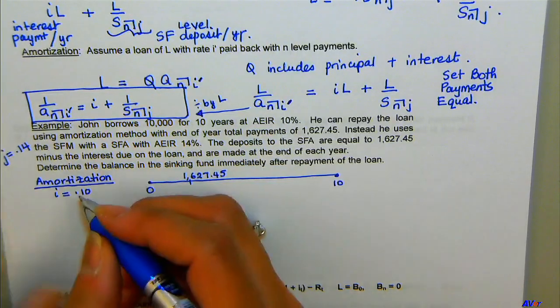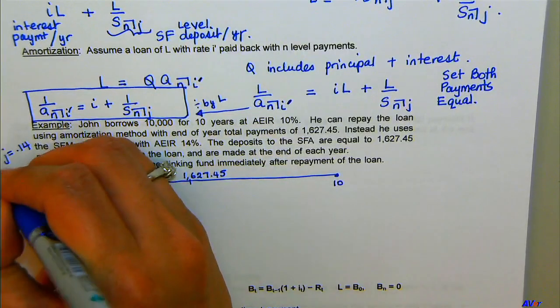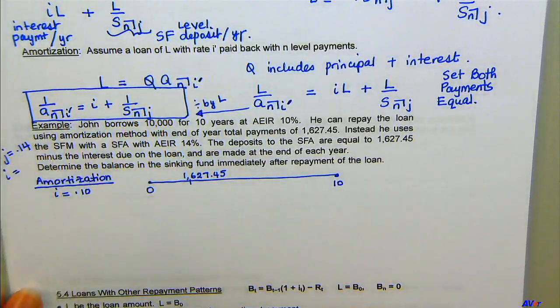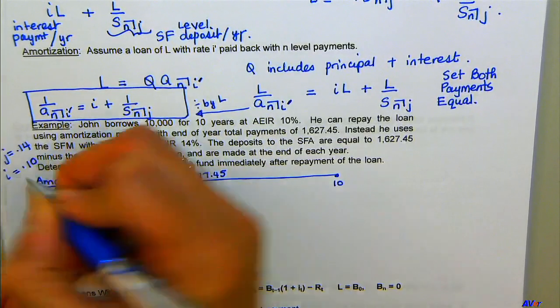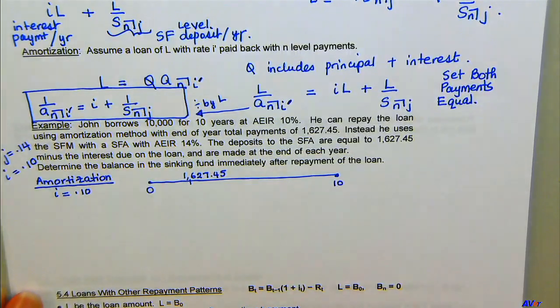So I, for my sinking fund method, is equal to 10%. So they gave me I and J. Determine the balance in the sinking fund immediately after repayment of the loan.